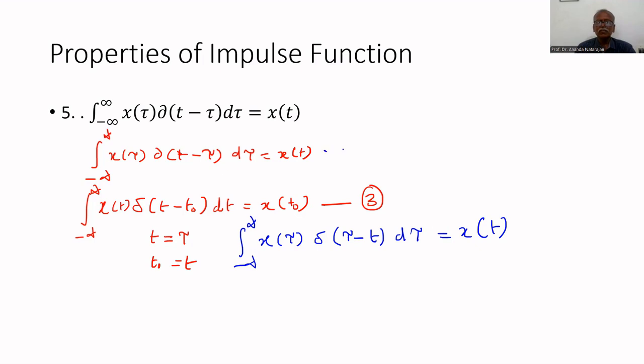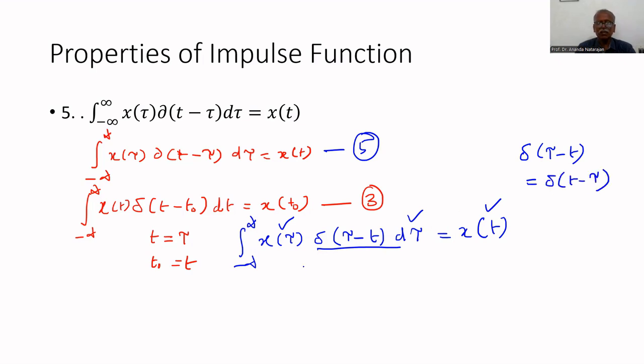If you compare with the fifth property, we have x of tau, d tau, and x of t, except here we have δ(t minus tau) and there δ(tau minus t). We know that the impulse is an even function, so δ(tau minus t) also equals δ(t minus tau).